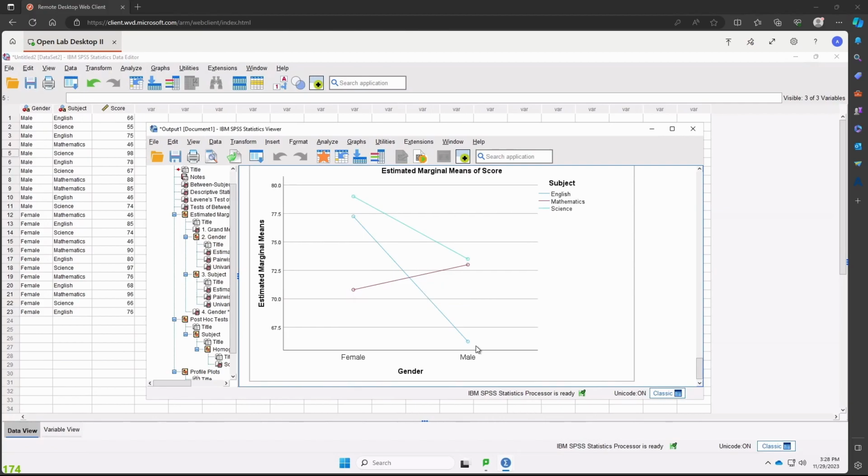If you're trying to apply the findings to interpret the female result, we can say that the female results for English, mathematics, and science are not equally close because there's a huge gap compared to the male. But for male, we can see that mathematics and science are equally close but not English.